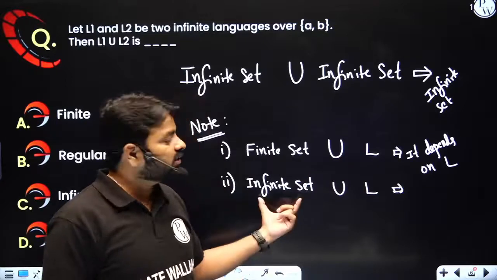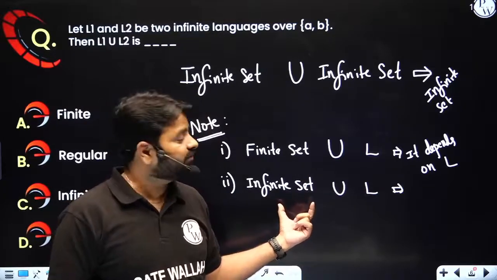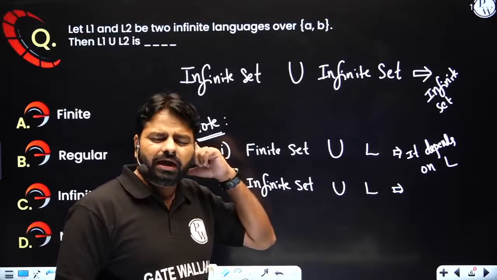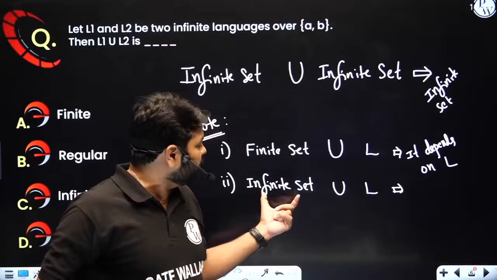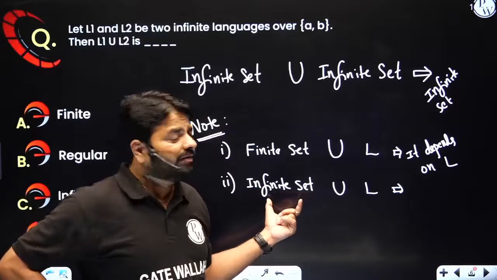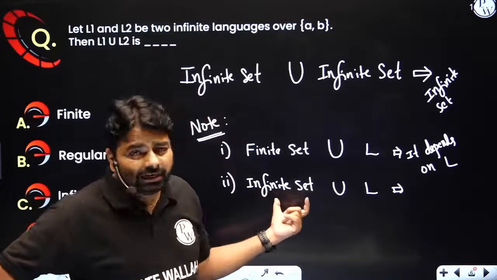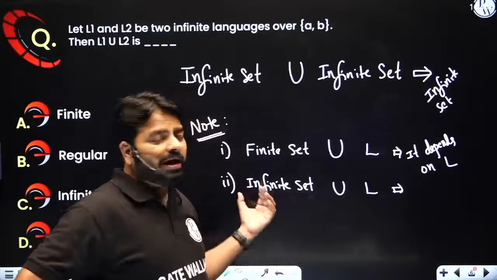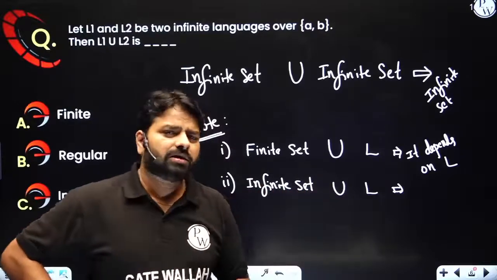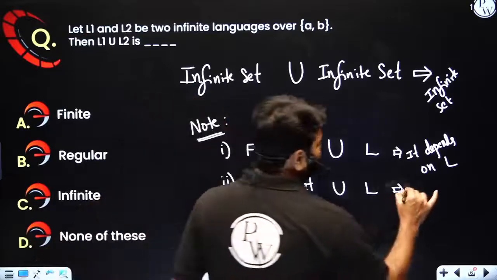Yes. This was a GATE previous year question. They gave n number of languages. We know that one of the given languages, or one of the given sets, is infinite. What is the result if we apply the union of all the languages? Definitely it has to be infinite.